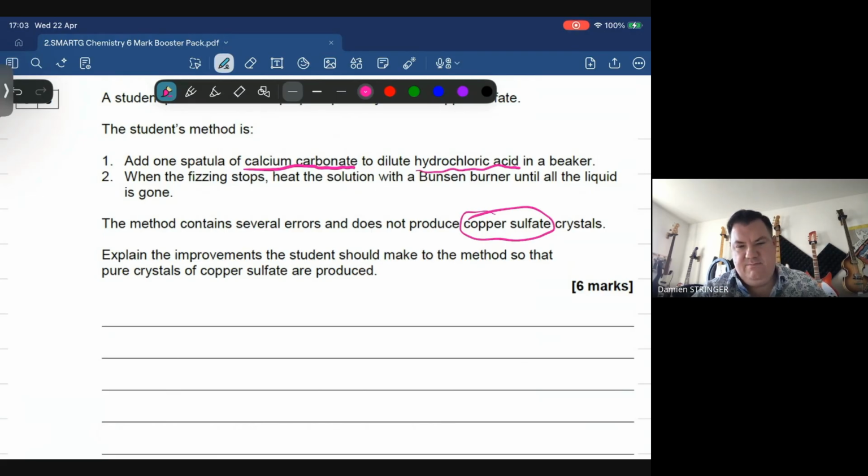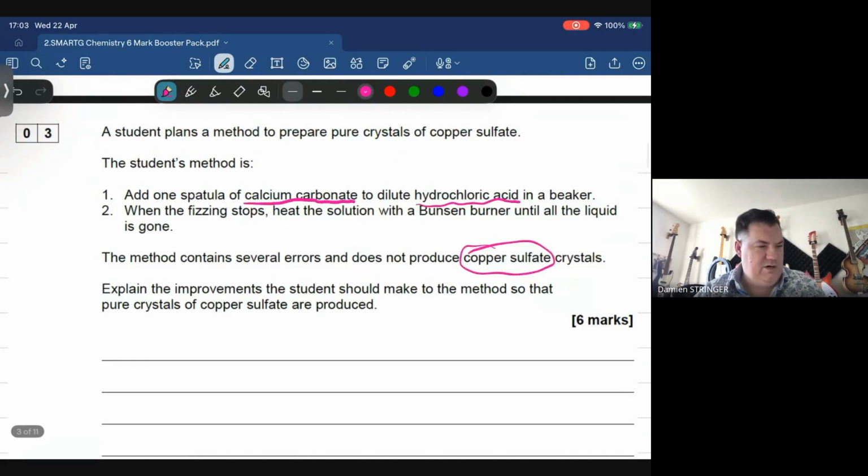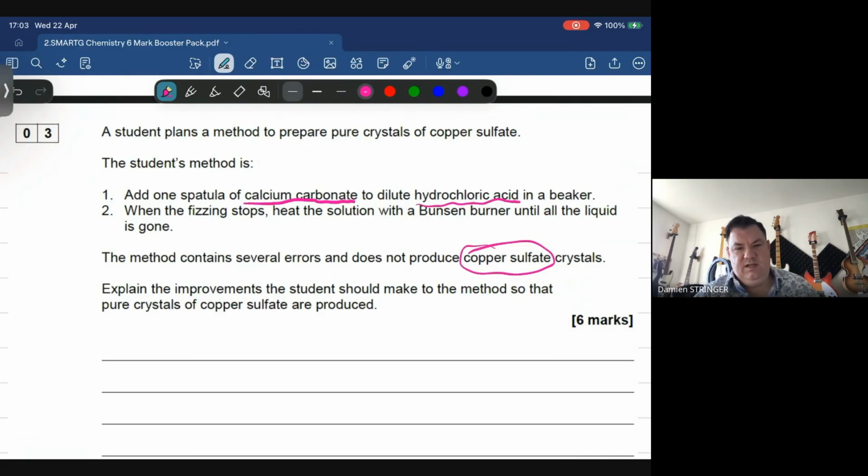So, Connor, what is the first thing you notice? If we're making copper sulfate, what is the first error that they have done? There's no mention of copper sulfate. Yeah, it says calcium, doesn't it? So calcium won't lead to making any kind of copper compound, so that's no good whatsoever.